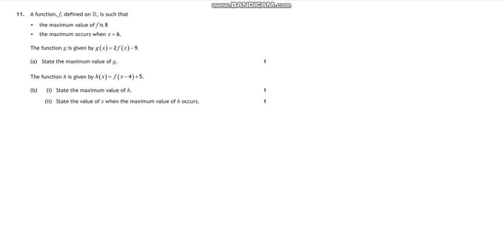What's part A saying? Well, our g of x is the same as 2 of the f of x take away 9. And so if I double this function and take away 9, that gives me the g of x. So you could maybe think about f of x as, say, a sine wave.